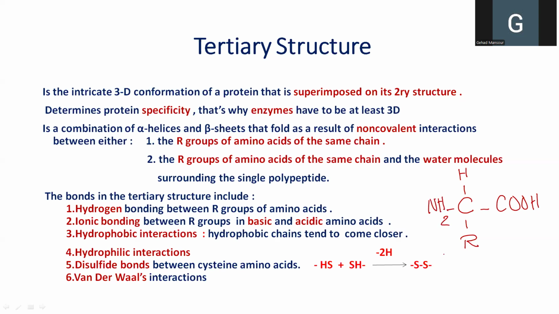This is the general formula of the amino acids. And three items out of the four are known. We all know that around this central carbon atom, we always have one carboxylic group, we always have hydrogen, and we always have an amino group.